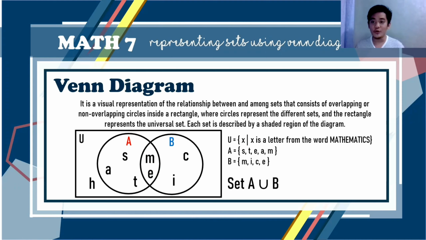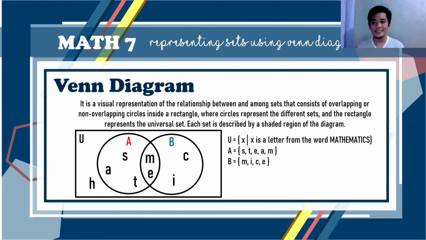Then therefore, if we are going to combine sets A and B, we have to shade all the circles of A and B. And this is the representation, where the shaded region contains the elements of A union B: M, A, T, E, I, C, and S.